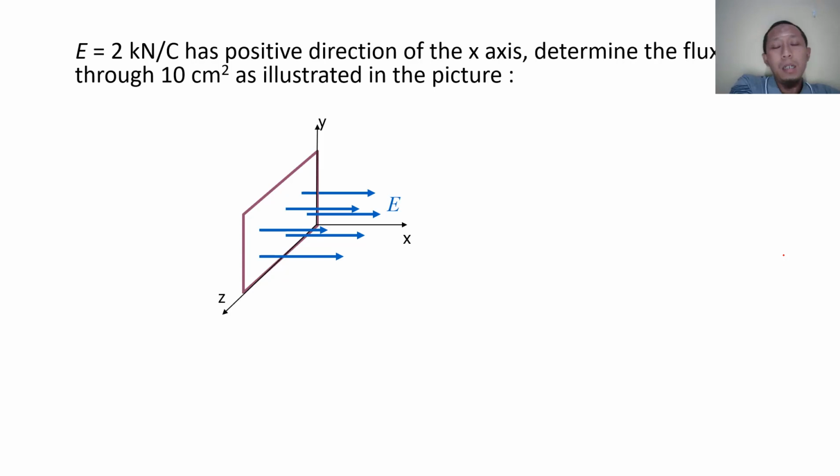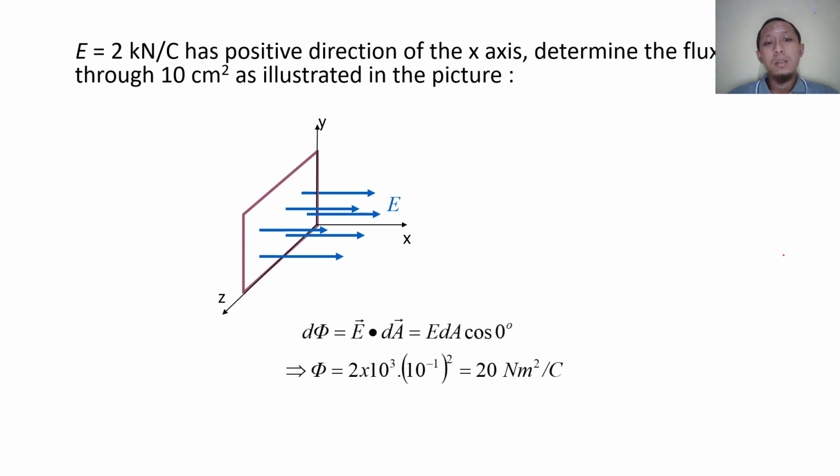If we have the electric field E of 2k newton per coulomb, in the positive direction of the x-axis, determine the flux through 10 centimeters squared as illustrated in the picture. In this exercise, we have to use these equations. The flux is E dot dA, or E dA cosine 0.